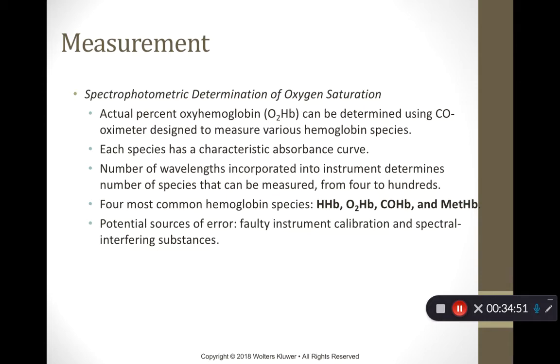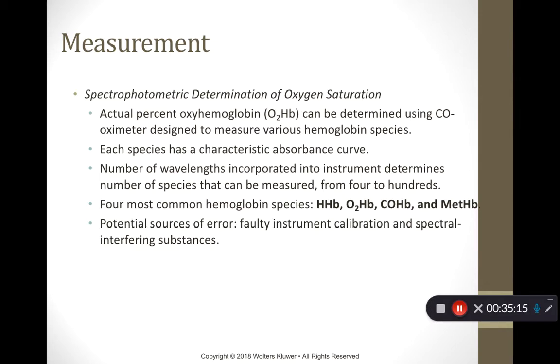Determination of oxygen saturation can be done by spectrophotometric methods. The actual percent oxyhemoglobin can be determined using the CO oximeter that is designed to measure various hemoglobin species. Each species has a characteristic absorbance curve.